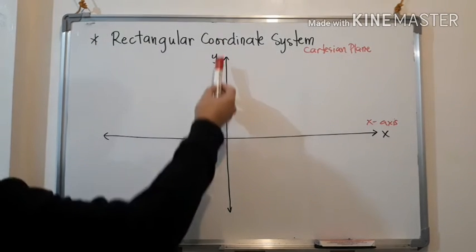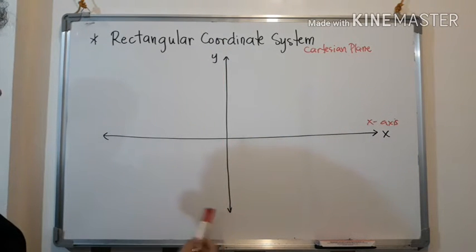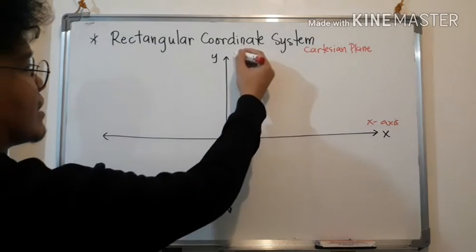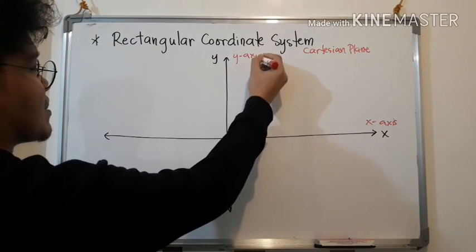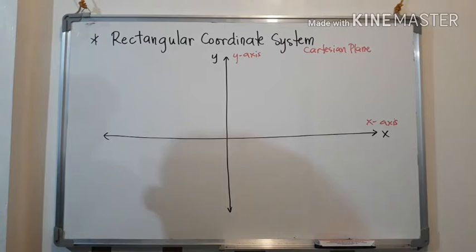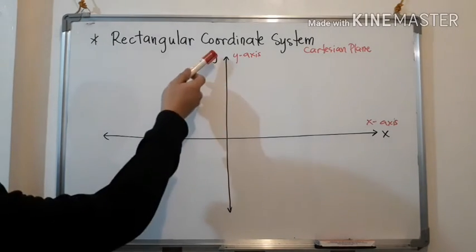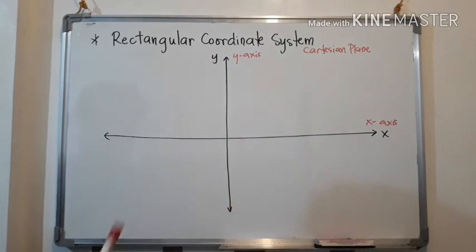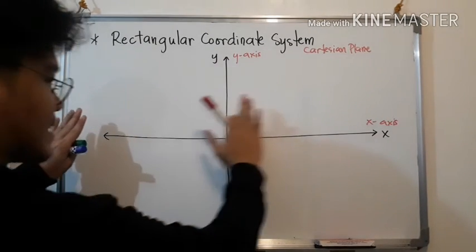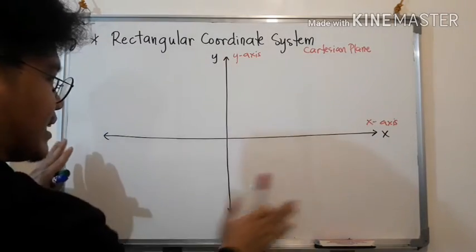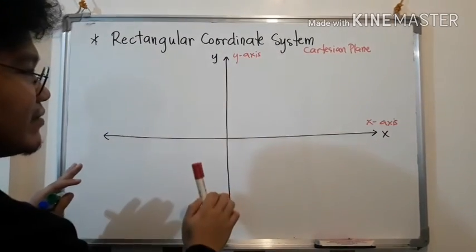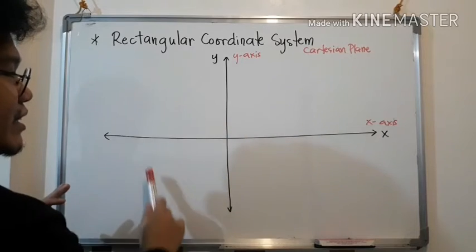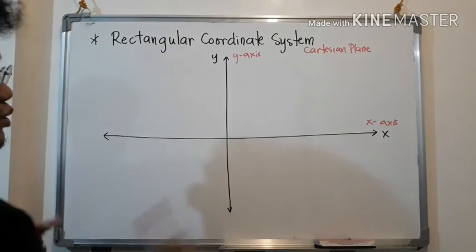And this vertical reference line is what we call the y-axis, which is also composed of the positive y-axis and the negative y-axis. Notice that our plane is divided into 4 equal regions.